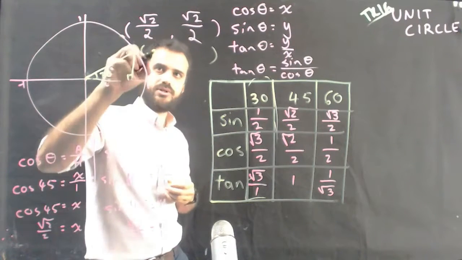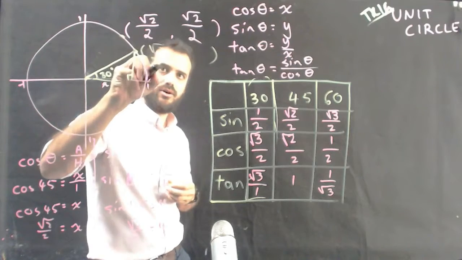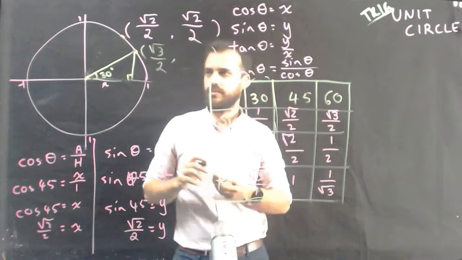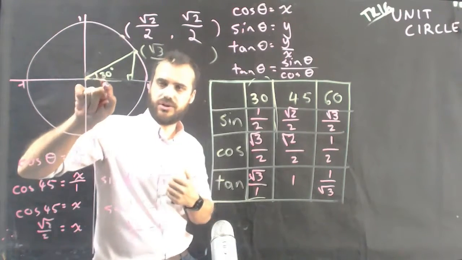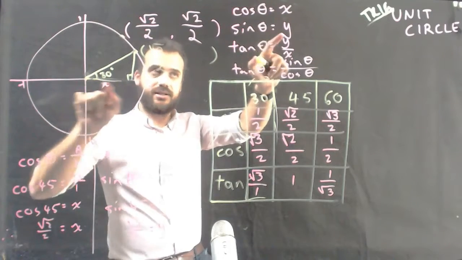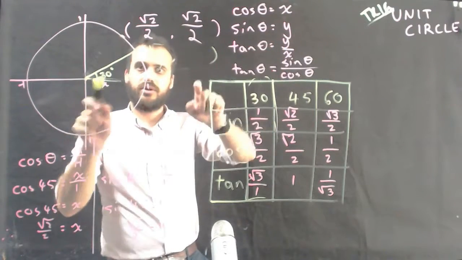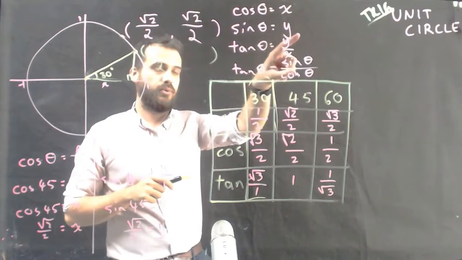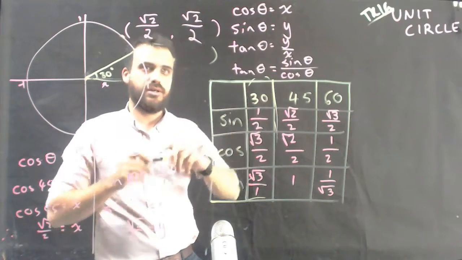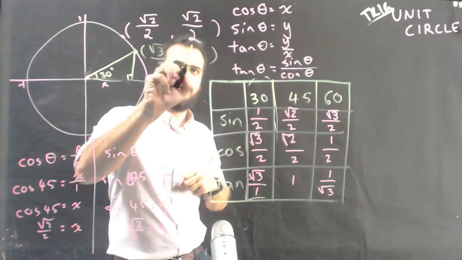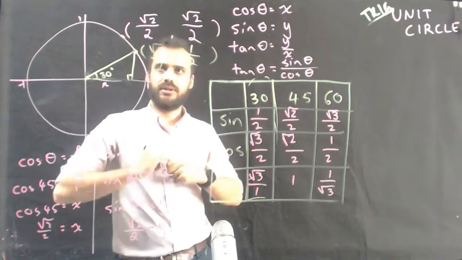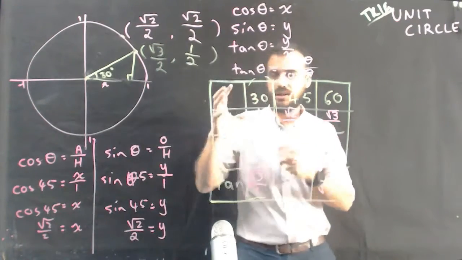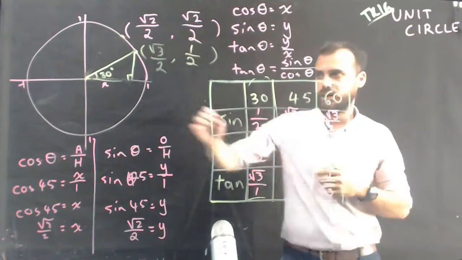So the x coordinate is just going to be root 3 on 2. Okay, cos 30, that's the x coordinate. Now the y coordinate is going to be equal to sine 30, 1/2.